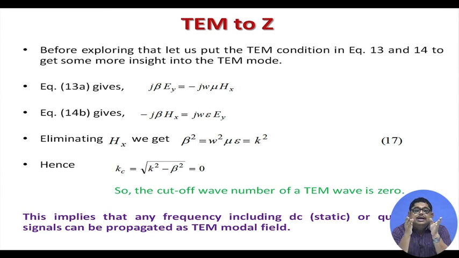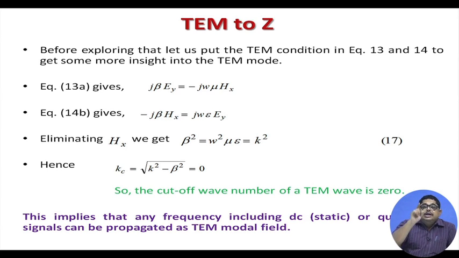So, all possible values, starting from Kc equal to 0 to any Kc value, you can have TM. This implies that even DC or very small frequency signals can be propagated as TM modal fields.